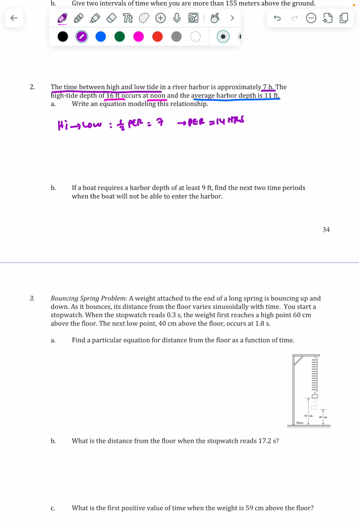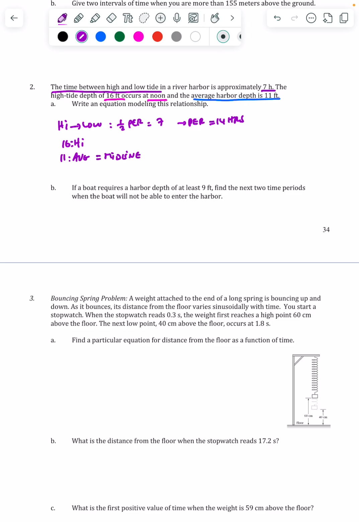Now, it says the high tide depth of 16 feet occurs at noon. So you have 16 is high, and then the average depth is 11. So 11 is average, which is technically another way of saying the midline.